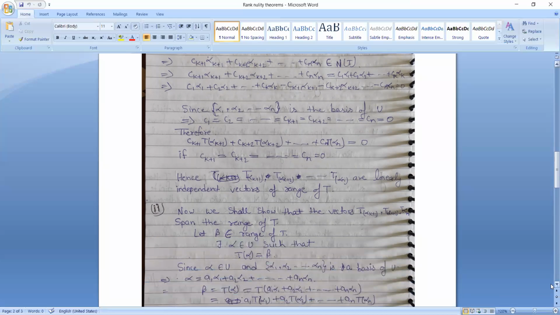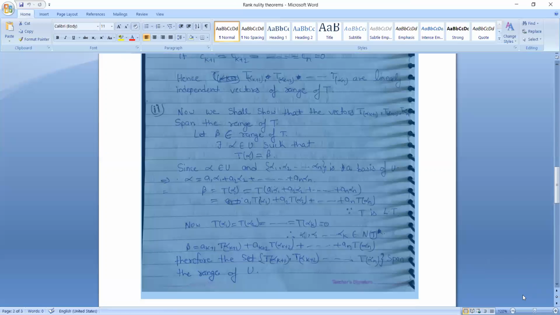Therefore, C k plus 1 T alpha k plus 1 plus C k plus 2 T alpha k plus 2 and so on Cn T alpha n is equal to 0 if and only if C k plus 1 equals C k plus 2 and so on equals Cn equals 0. Hence, T alpha k plus 1, T alpha k plus 2 and so on T alpha n are linearly independent vectors of the range of T.